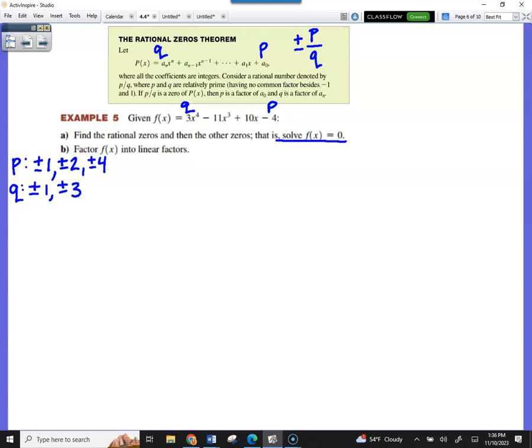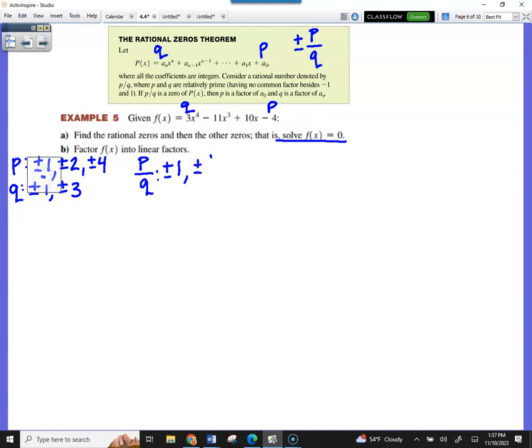Now we need to make them into fractions. A lot of people don't like fractions, but this is not that bad. You're going to set it up as P over Q. All of them. So there's a lot of possibilities. Here's what I do. I take my non-writing hand and I hold it over the first P. Then I take my writing hand and I visualize 1 over 1 is what? 1. 1 over 3.